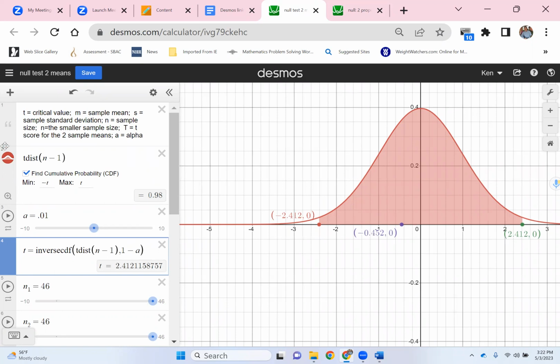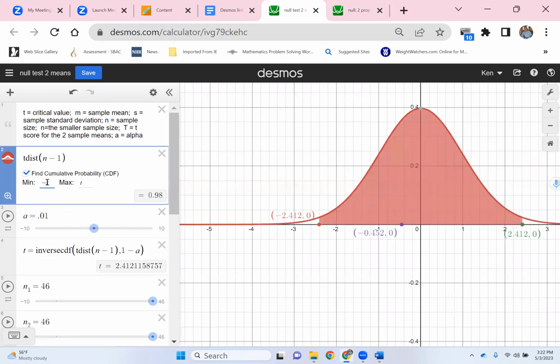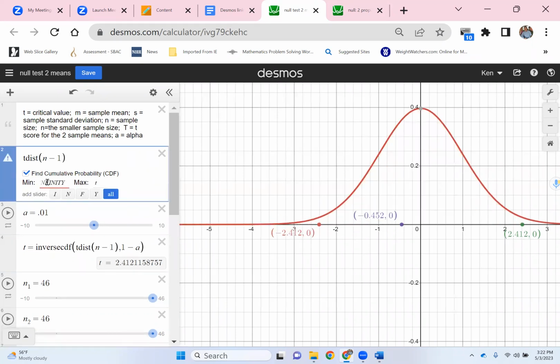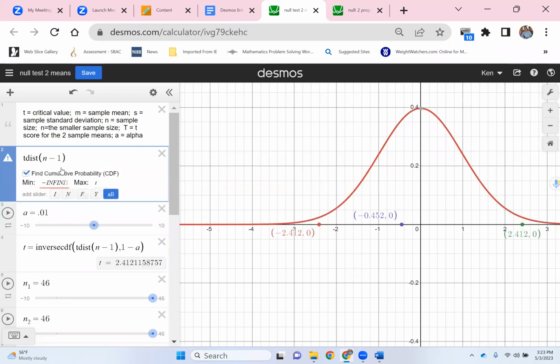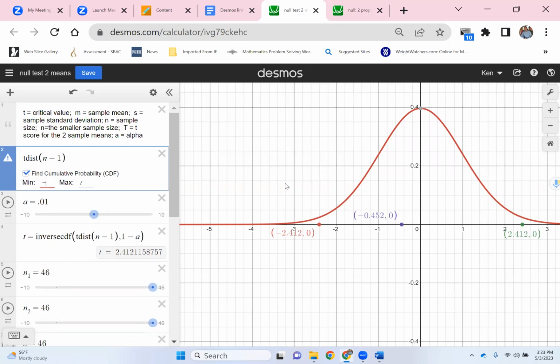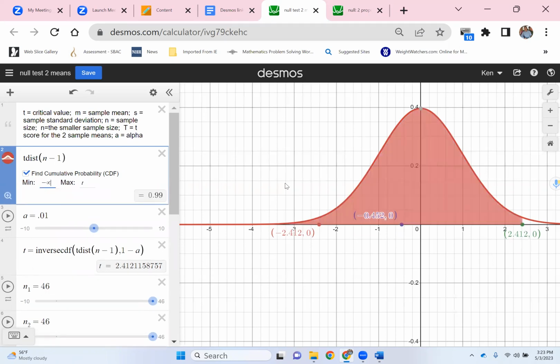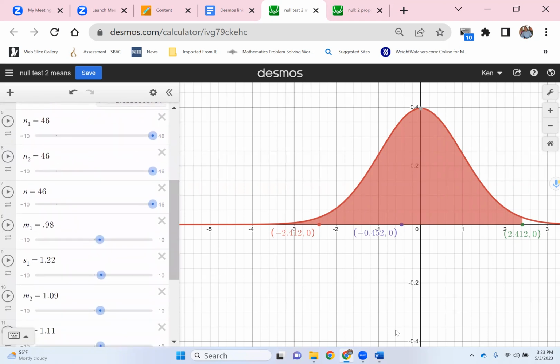We're only going to do the right tail, so we're going to have negative infinity over here. There it is. Our area is 0.99, which is what we want. There's our critical t value. However, it's going to change because we have to put in our correct data.